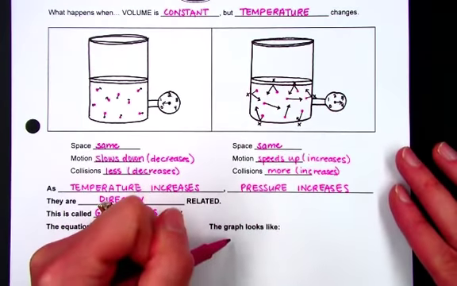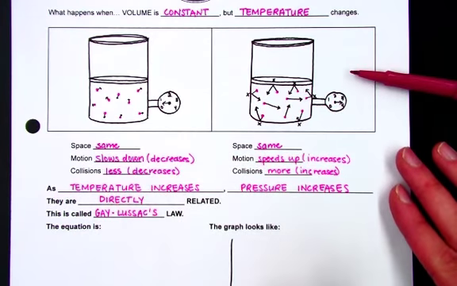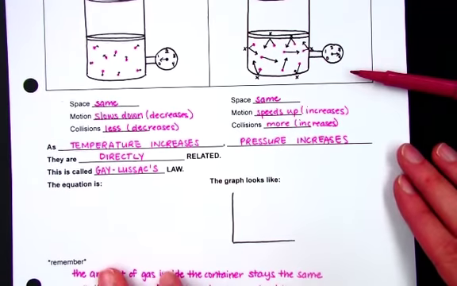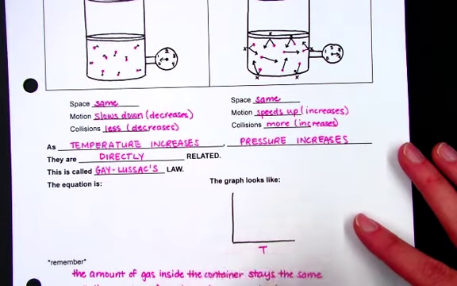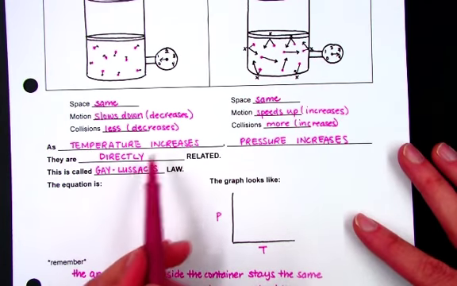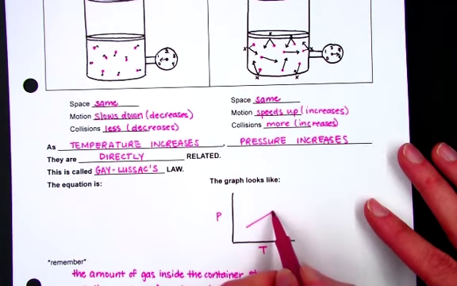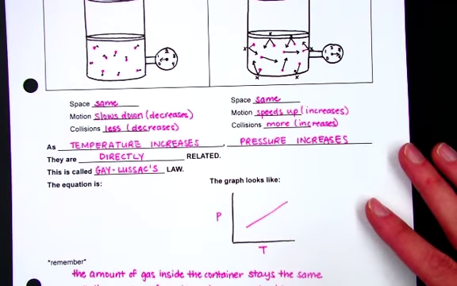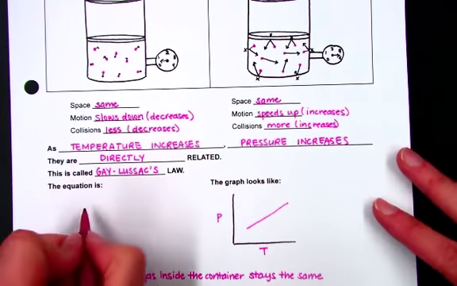The graph, I'm going to do it in black. Here are my X and Y. And my independent variable is temperature. My dependent variable is pressure. And what's my line going to look like? If they're directly related, one is increasing and the other increases, I'm just going to draw a straight diagonal line. Okay. Then the equation is actually really easy.